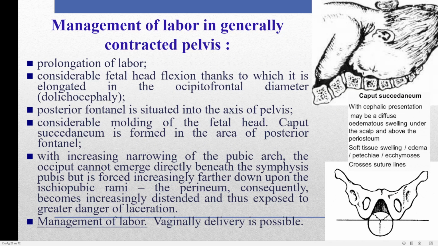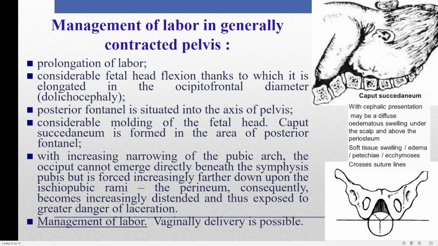If we have a just minor pelvis, what is the management in this situation? First of all, one complication is prolongation of labor. Considerable fetal head flexion, thanks to which it is elongated in the occipital-frontal diameter, and we have dolichocephaly shape of the fetal head.